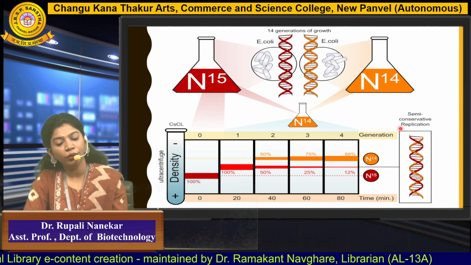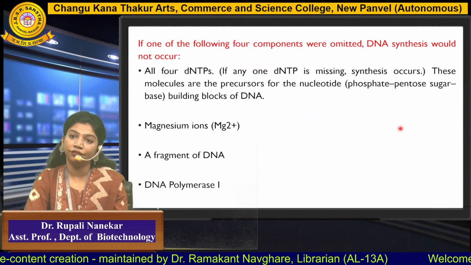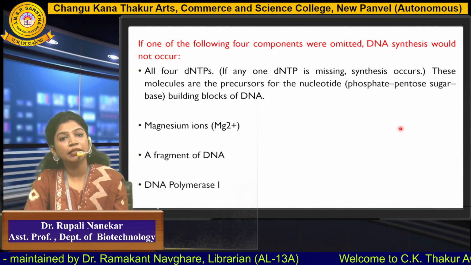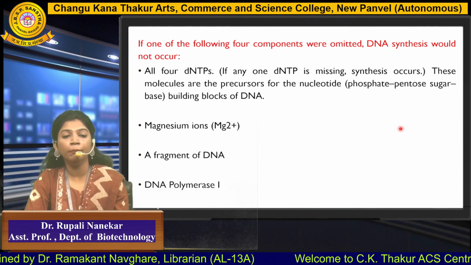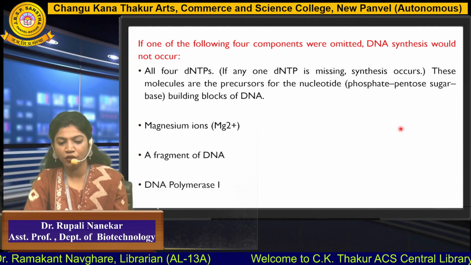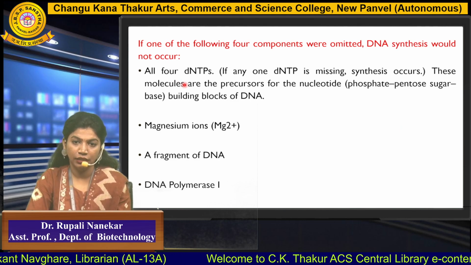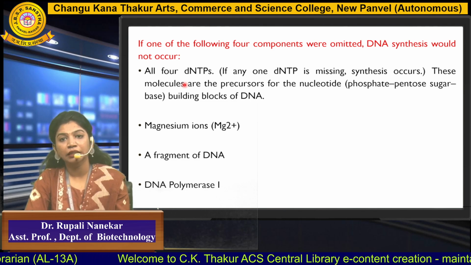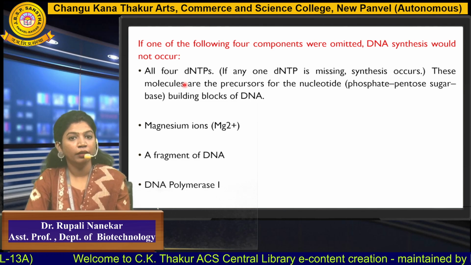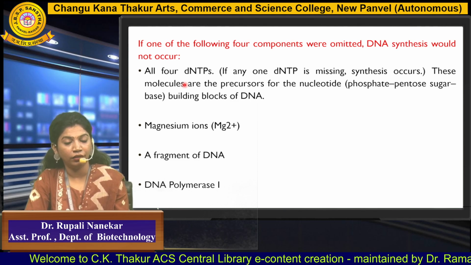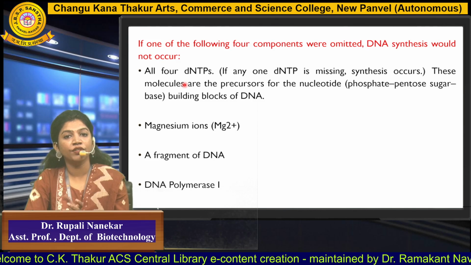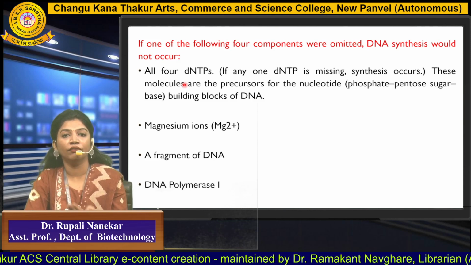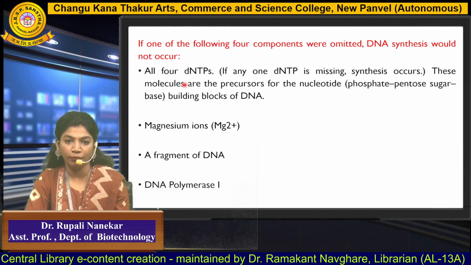Now, we know that the pattern is semi-conservative, but how does it happen? Whenever a new DNA is synthesized, we have to take up four important points. First of all, students, you require dNTPs, that is A, T, G and C. Without these, the synthesis of DNA cannot occur. Then magnesium, which acts as a cofactor, along with a double-stranded DNA fragment, where one strand acts as a template onto which a new complementary DNA forms.